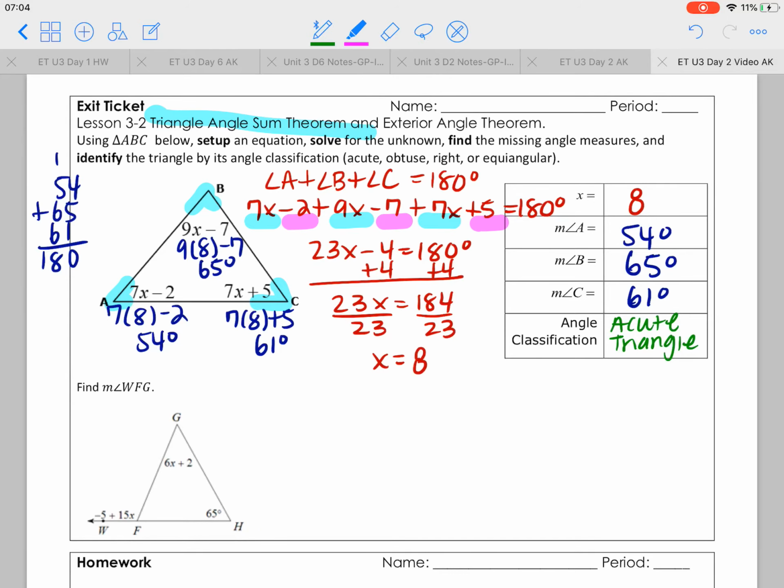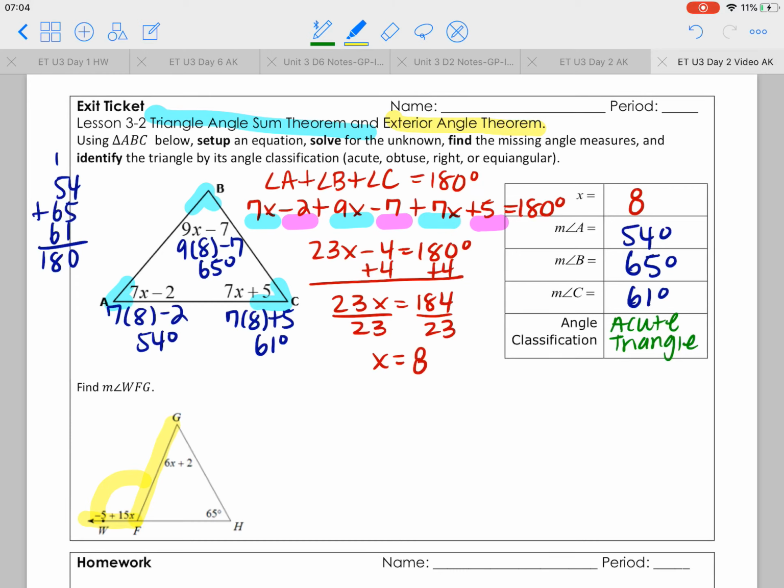In the next problem, they're asking us to find the measure of the angle WFG. If you notice, that angle is an exterior angle, so we need to apply the exterior angle theorem.